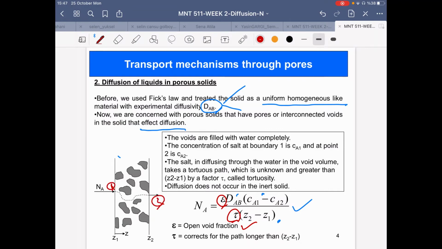So this is linearly related to the open void fraction, but it's inversely related to the tortuosity factor. That's called the tortuosity factor. It corrects for the path longer than Z2 minus Z1. So it doesn't just go from here to here like this. It goes through a very tortuous path. So we make some corrections by adding these two terms for what's happening in the pores.